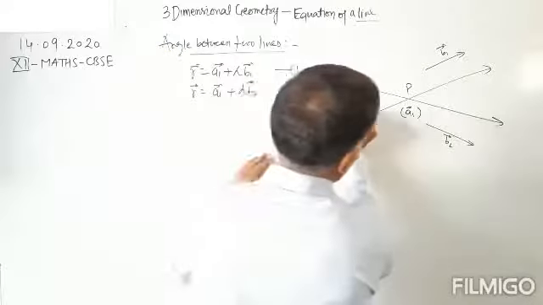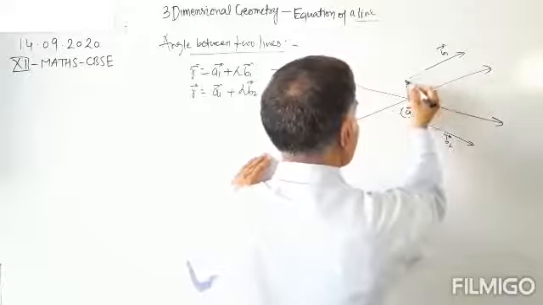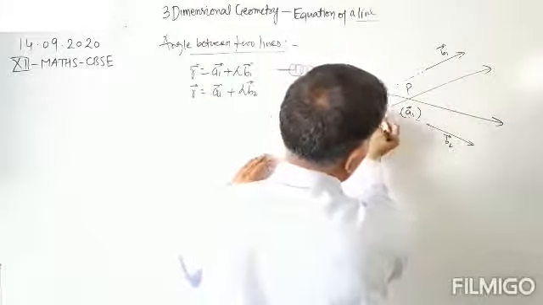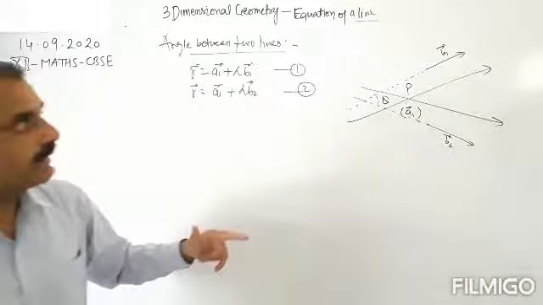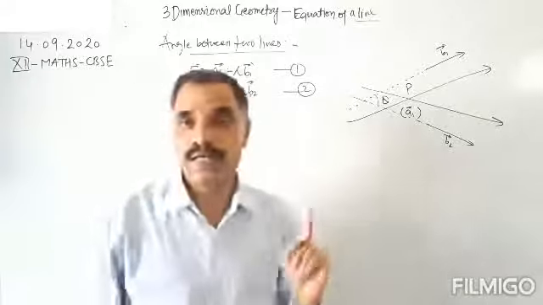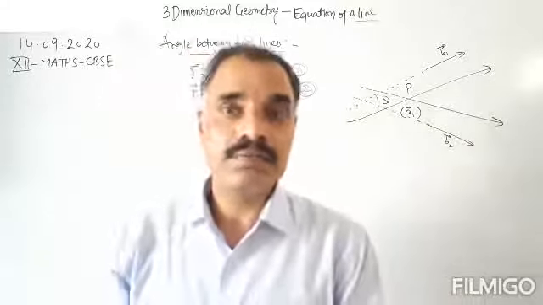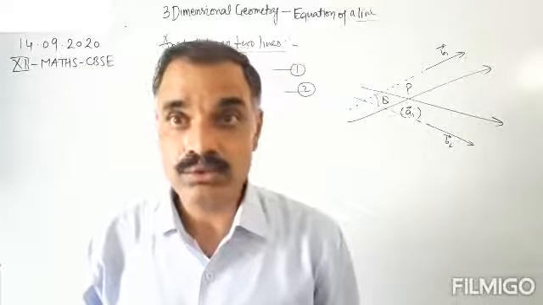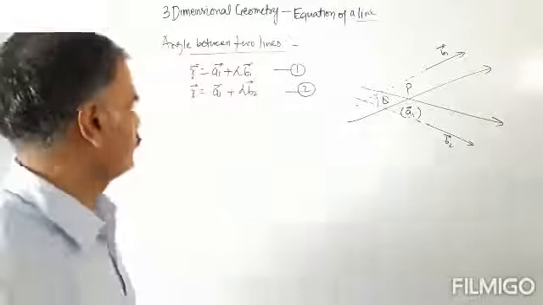If we extend this and we extend this also, we will have the angle between these two vectors, that is angle theta. So theta is the angle between two lines also. Here theta is the angle between two vectors, v1 vector and v2 vector, but theta is also the angle between the two lines.